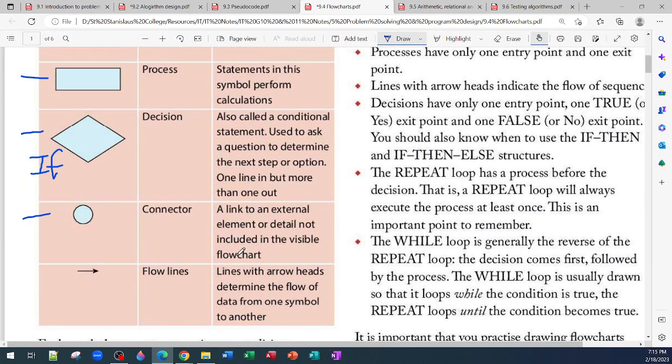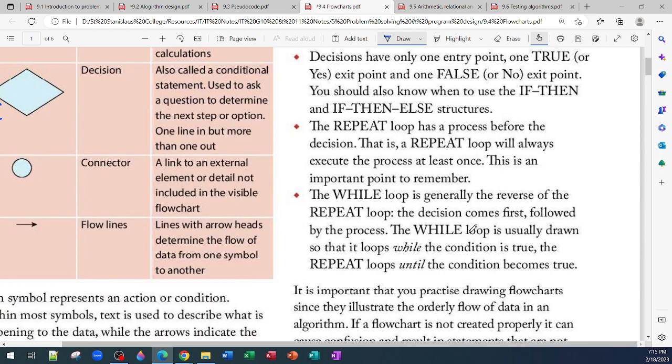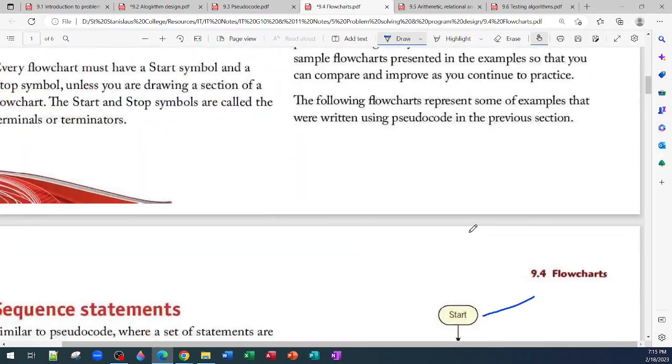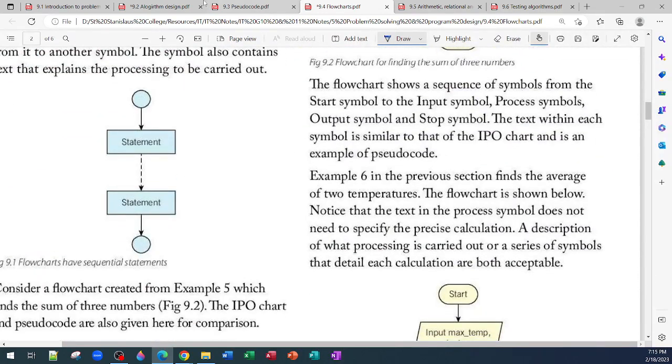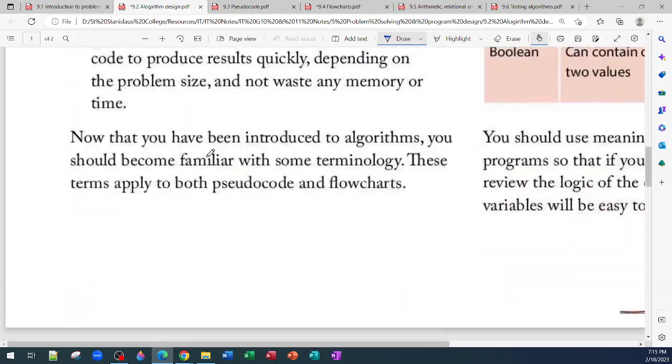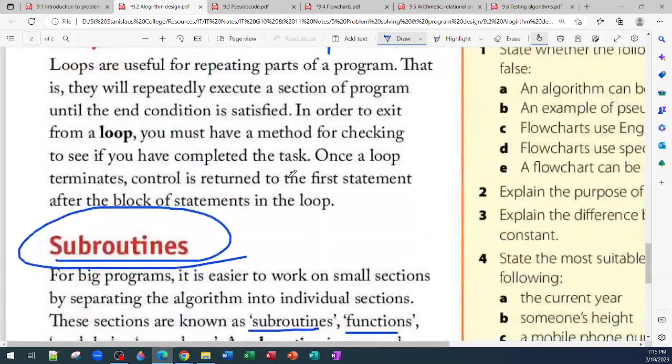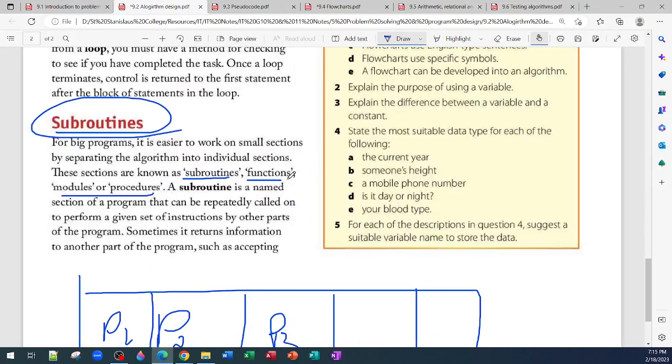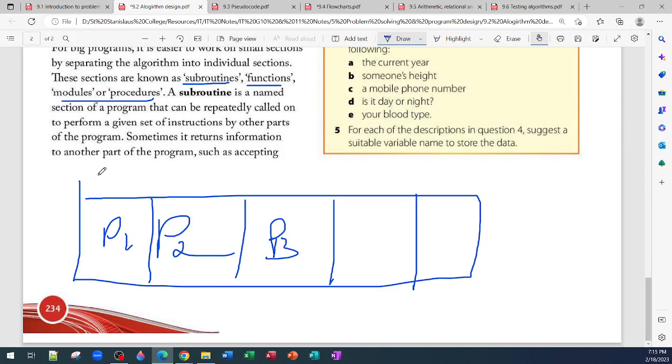The circle is used as a connector. There are 2 reasons why you would have a connector. 1, this is related to the subroutine. When we were talking about breaking your program up into pieces, say for instance, the program from here to here might have a subroutine like this, just representing it like this. So these programs here are going to be built like this.